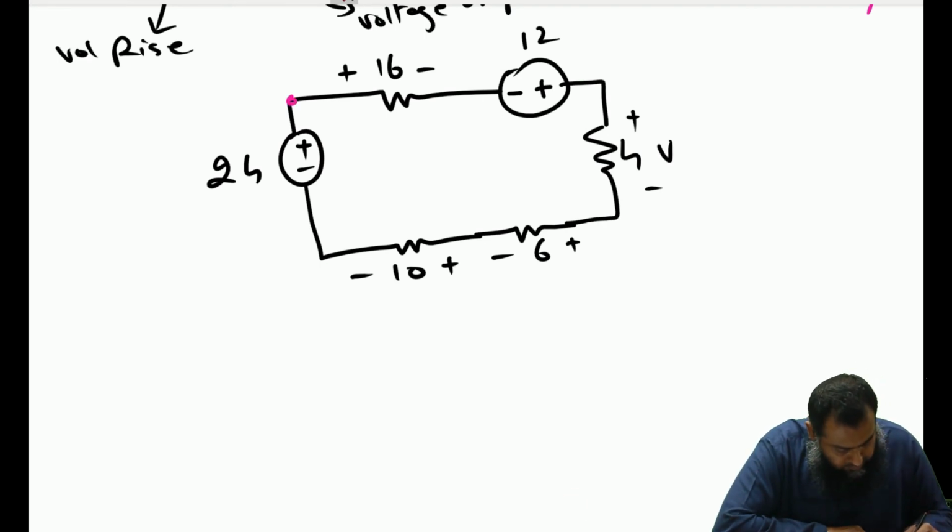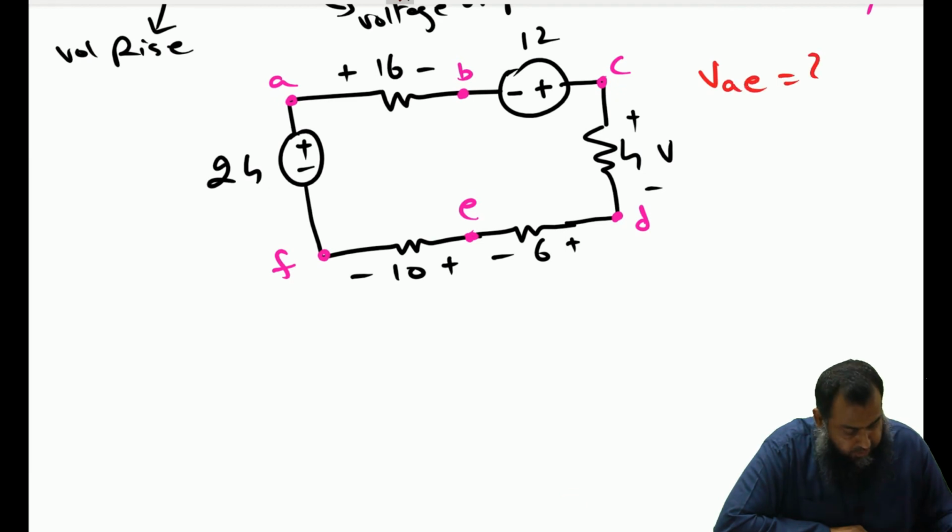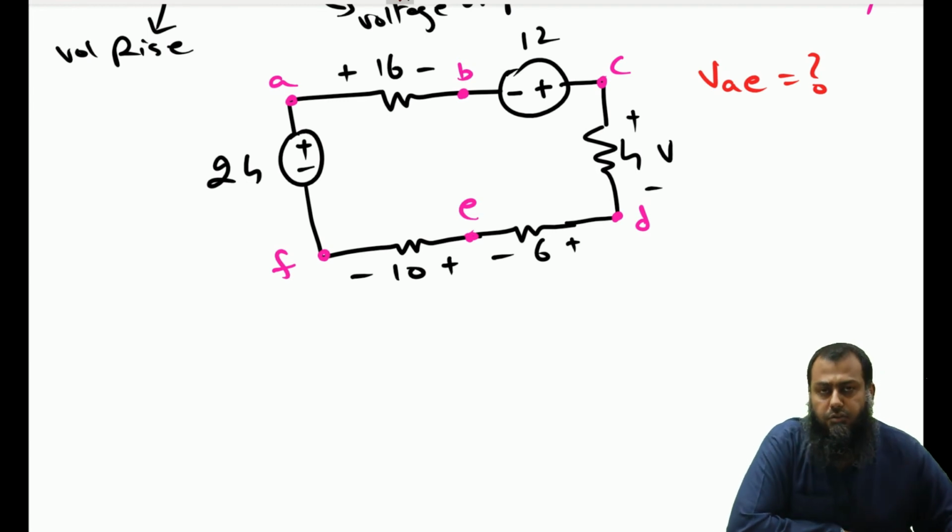So this is A, this is B, C, D, E, and this is F, right? So it is desired to find out or to calculate the voltage between points A and E. VAE is unknown. Now how can we find out this VAE using only the Kirchhoff's voltage law?